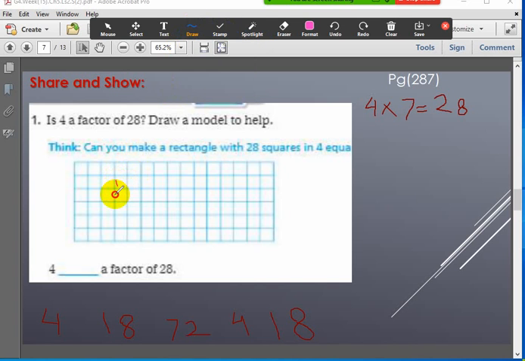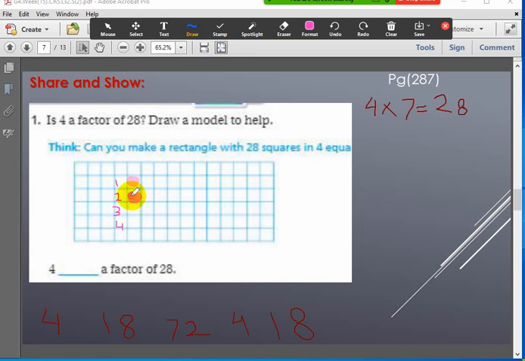The first row, the second row, the third row, the fourth row. Okay, let's see. I know that 4 multiplied by 7 equals 28. So let's divide. This is the first square.